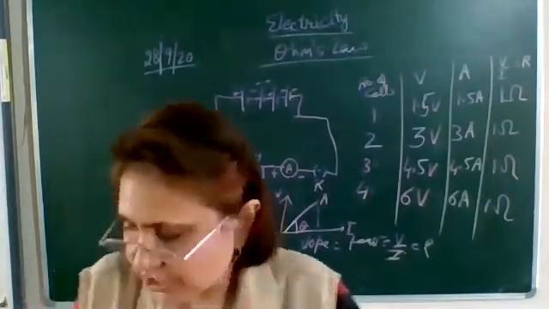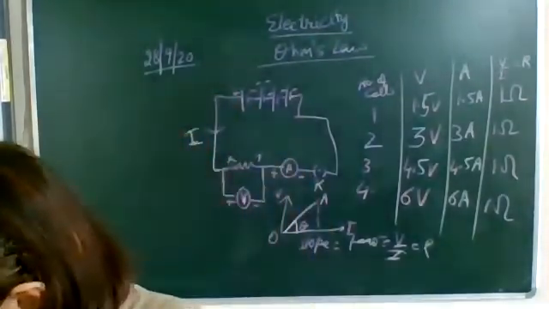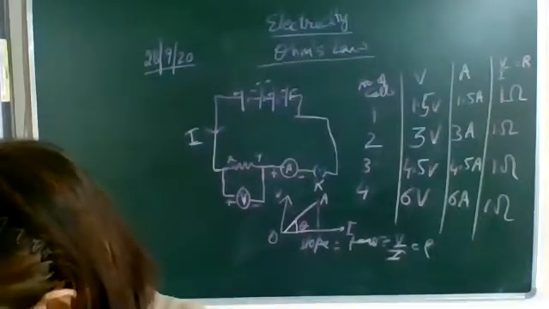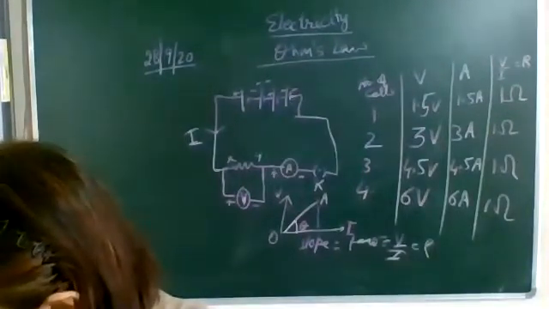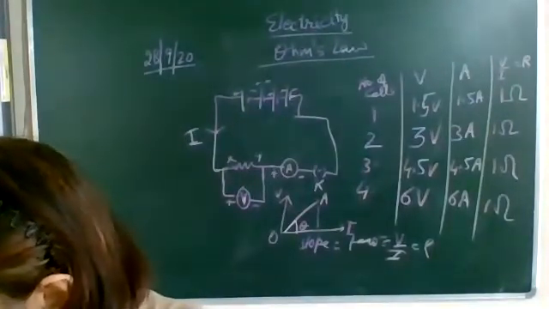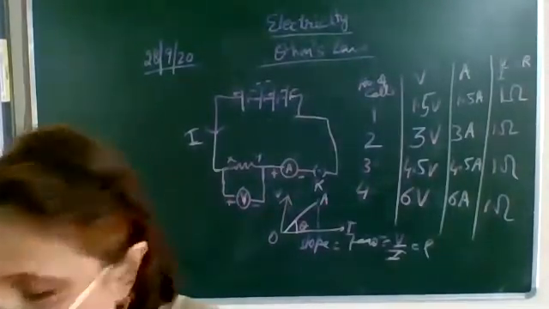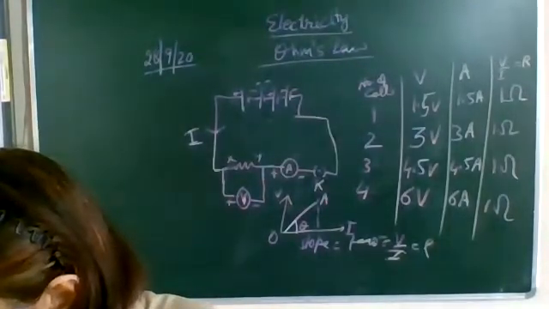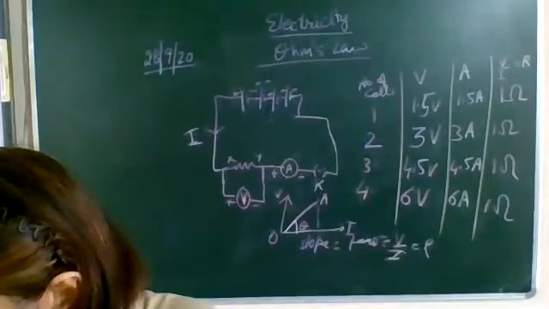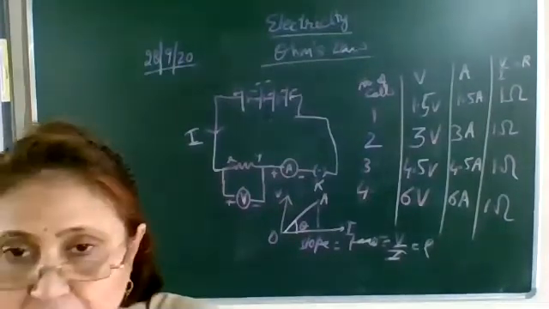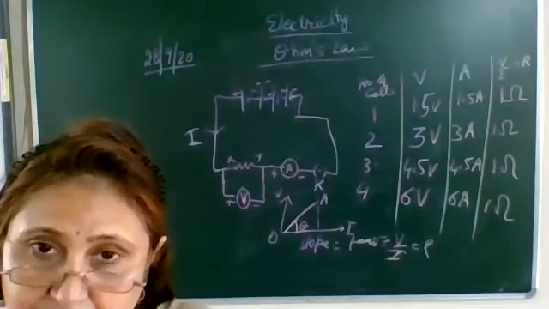Okay, now write few questions. I think the last question given was to make the symbols. Okay, write the next question. State Ohm's law. Okay, the full statement we have to write down.